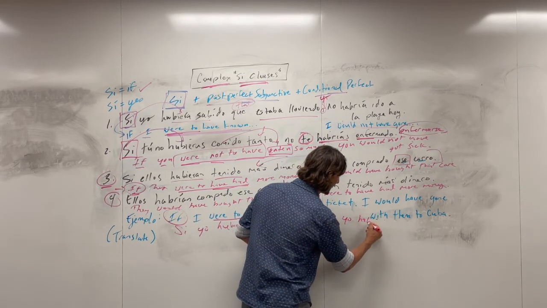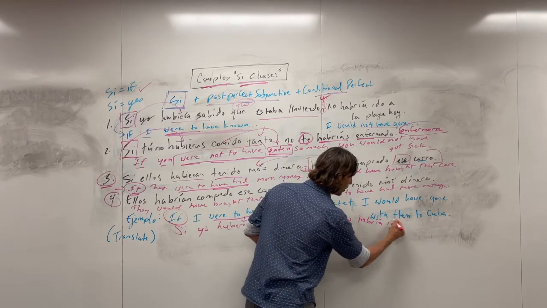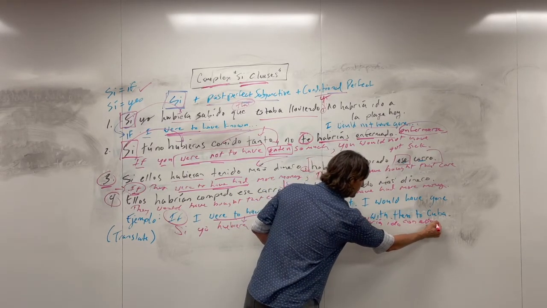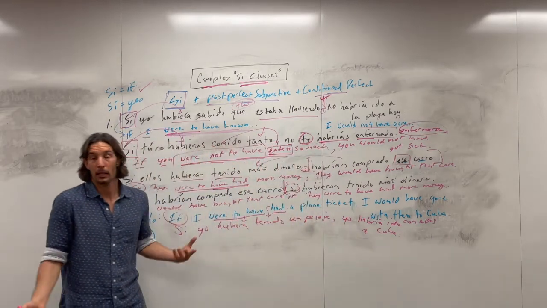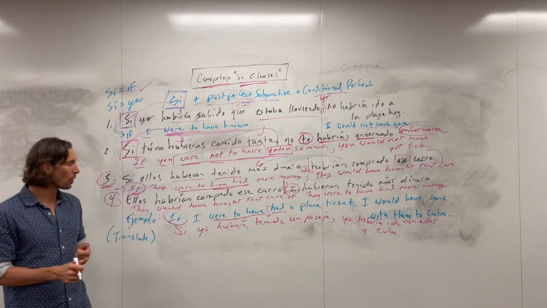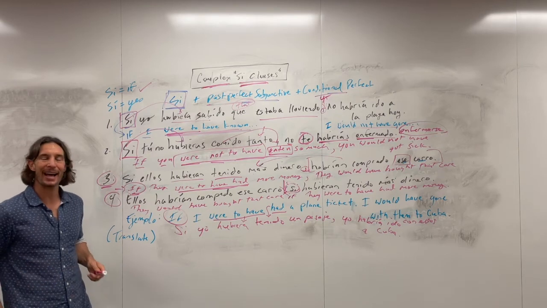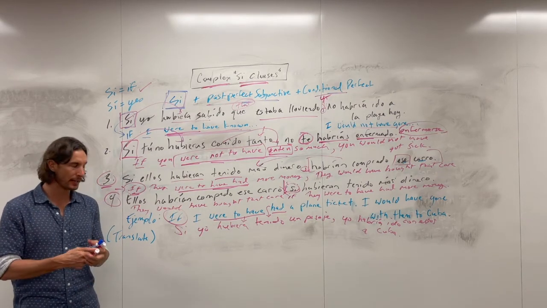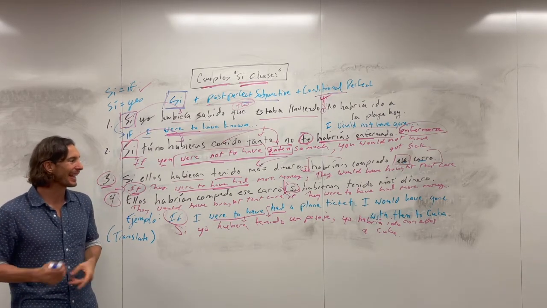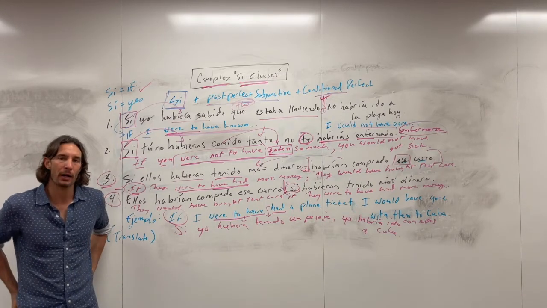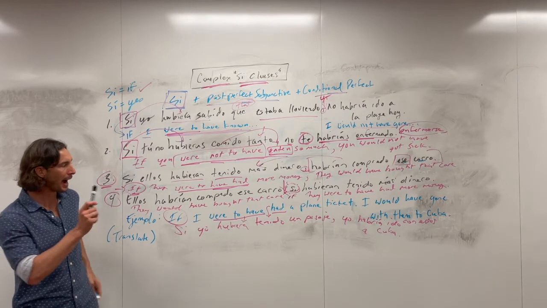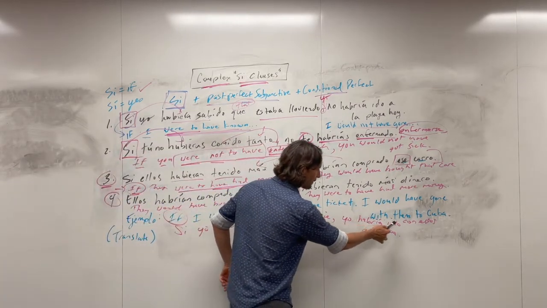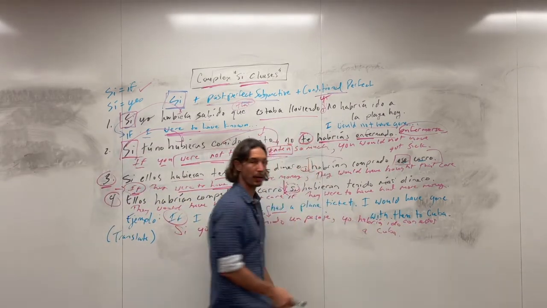Yo habría ido con ellos a Cuba. So, si yo hubiera tenido un pasaje, if I were to have had a ticket or plane ticket, yo habría ido con ellos a Cuba, I would have gone with them to Cuba.